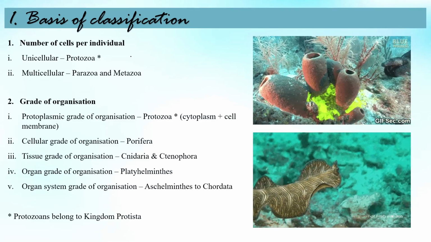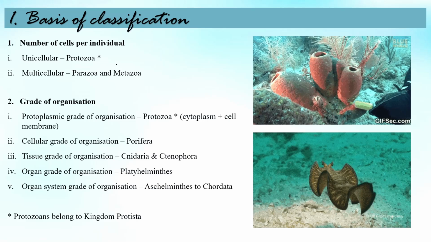Monerans and protistans. So here protozoans, a few scientists consider them as animals and not protista members, okay, because they show some other different characters which are similar to animals.